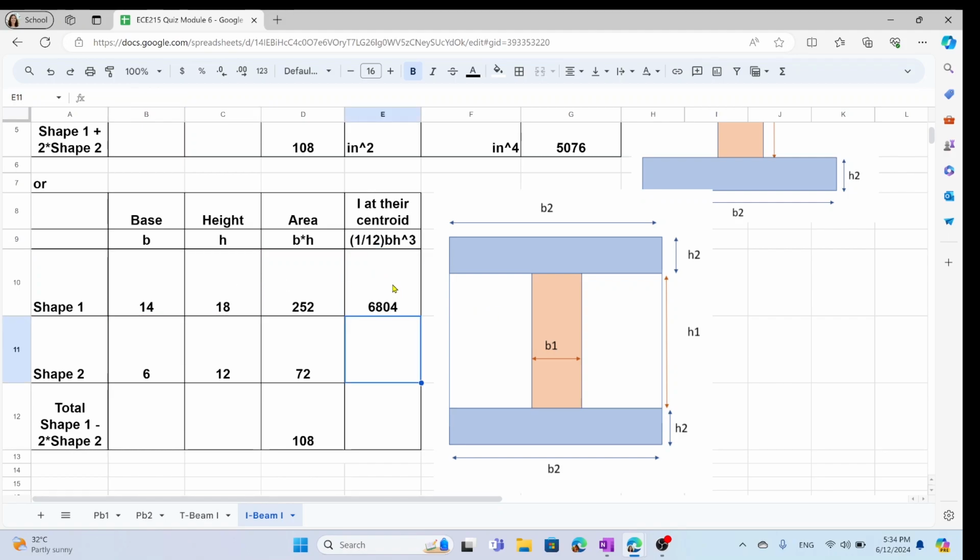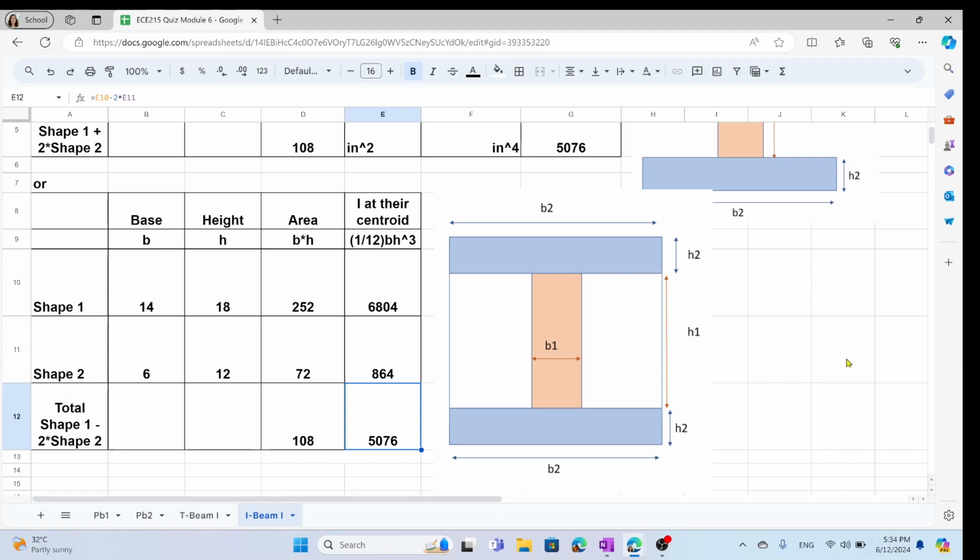That's it. Let's drag this one. And now it's equal to this one minus 2 times this one. And here we go. We have the moment of inertia that is the same. If they are not the same, we are in trouble, of the I beam.